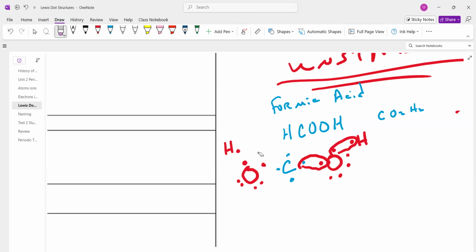You keep assuming this hydrogen and oxygen bond together. Well, let's move this one here, bonded to the carbon instead. We're going to move that hydrogen over near the carbon.